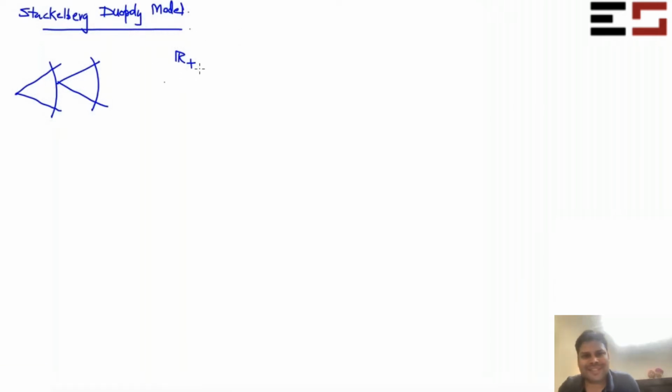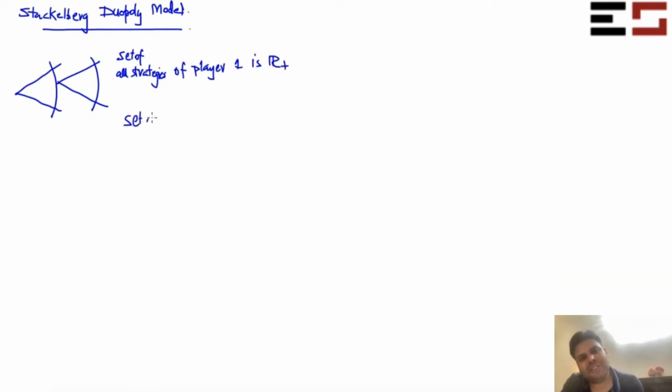So this is the set of all strategies for player 1. You can call this the choice set or the strategy set, the set of all plans basically. And what is the set of all strategies of player 2?